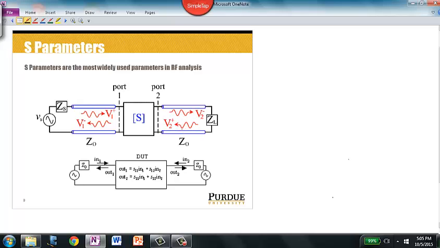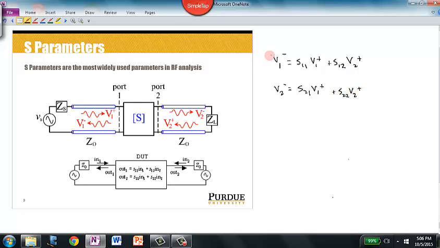So in terms of scattering parameters, we can write an equation, and we say V1 minus is equal to S11 times V1 plus plus S12 times V2 plus. We can write a similar equation for V2 minus, and that is S21 times V1 plus plus S22 times V2 plus.